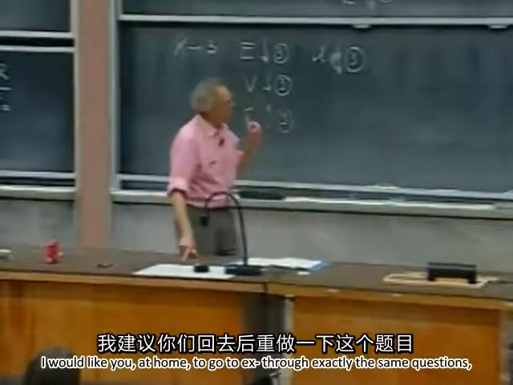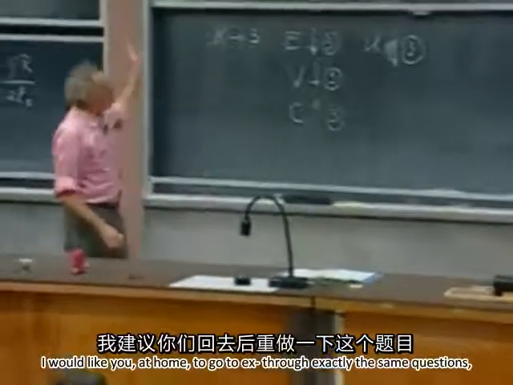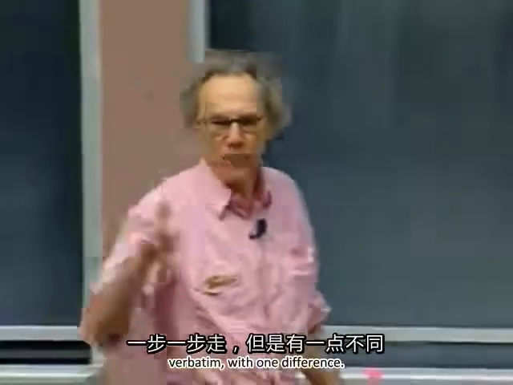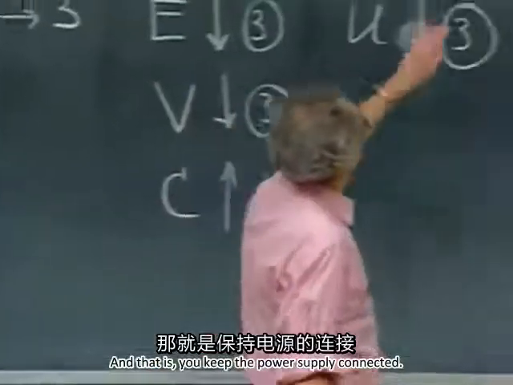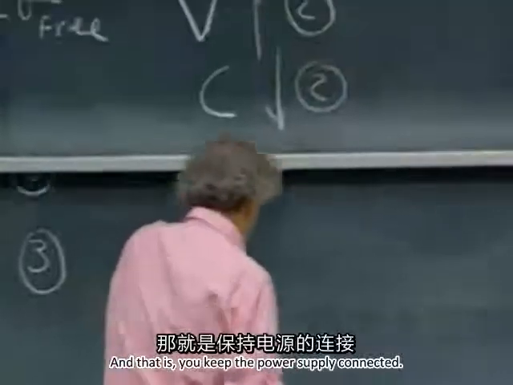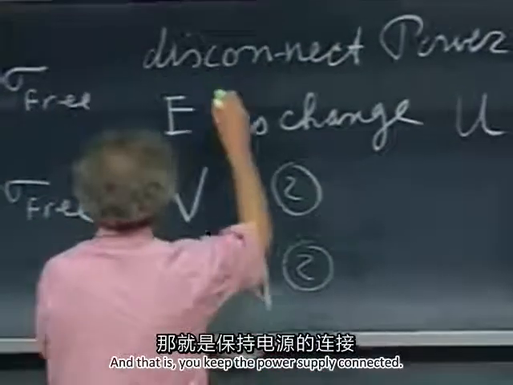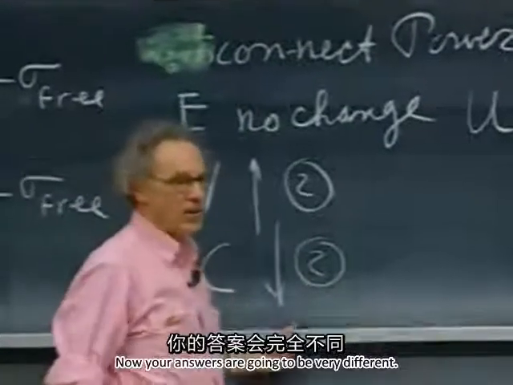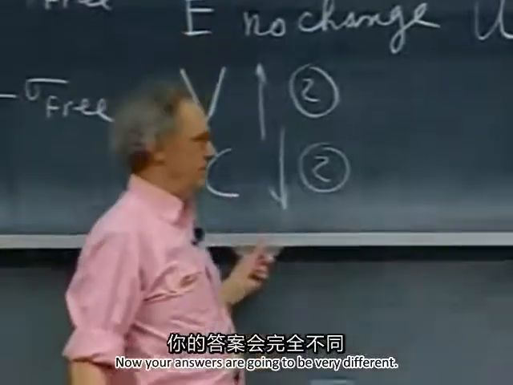I would like you at home to go through exactly the same questions, verbatim, with one difference. And that is, you keep the power supply connected. Now your answers are going to be very different.